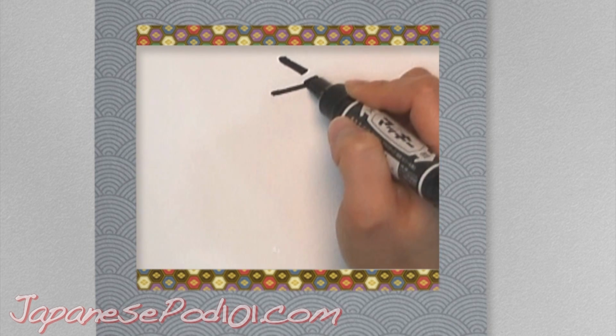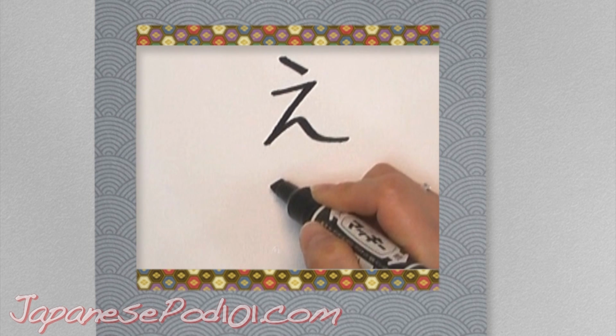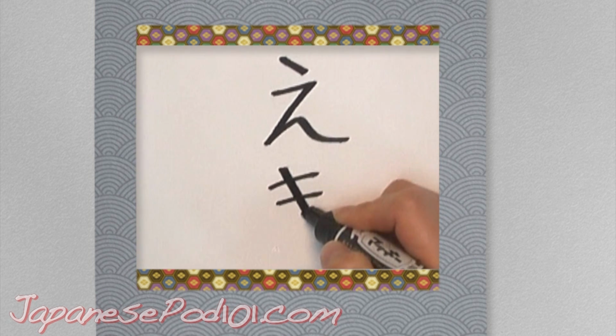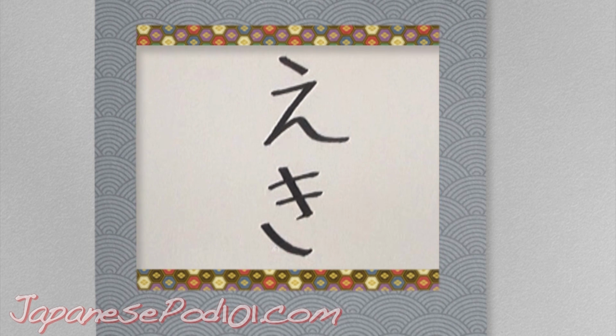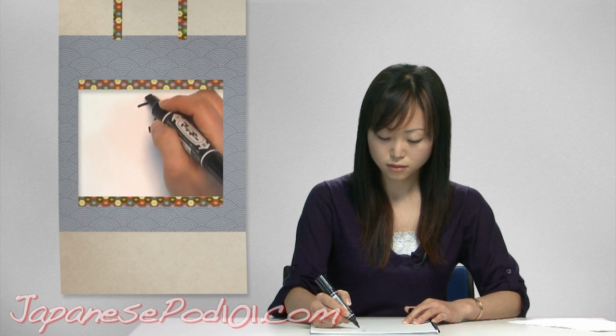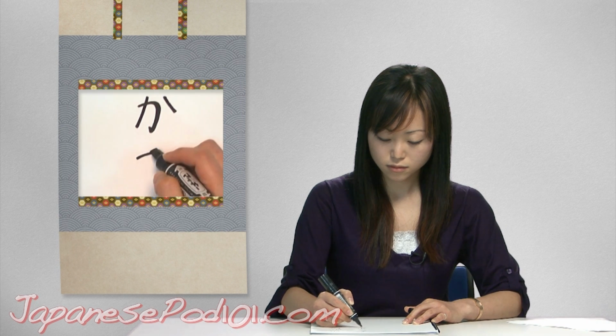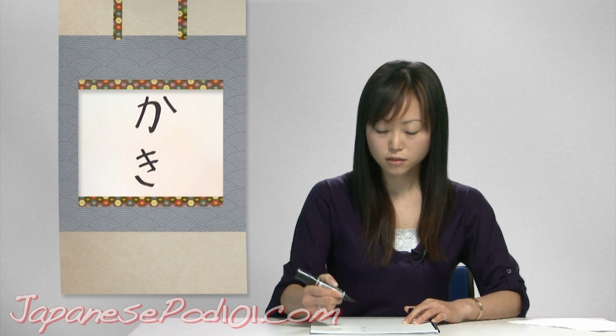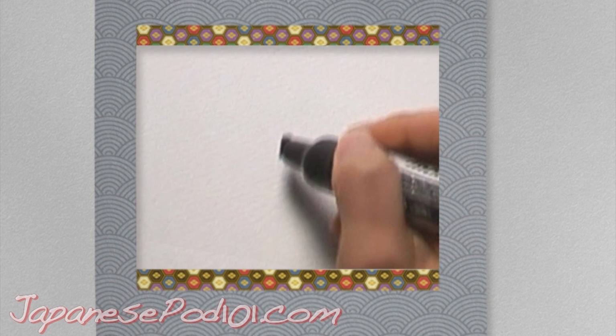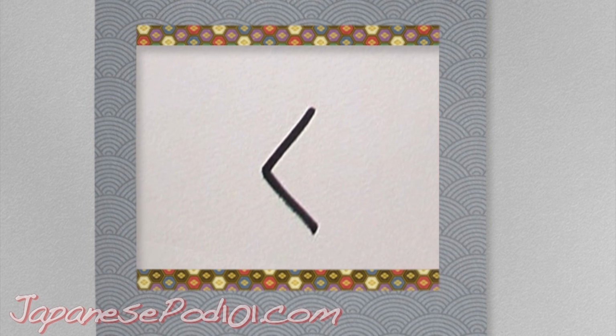Here is eki. Station. And here is kaki. Persimmon. Ku is a really easy one. Just 1 stroke.